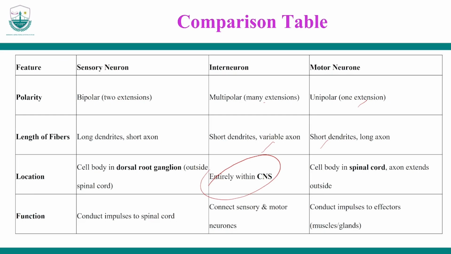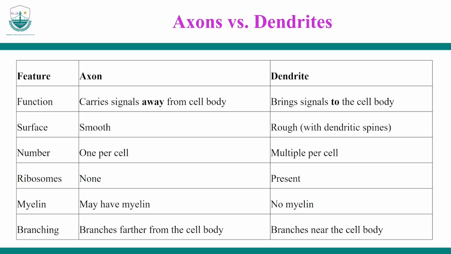So that means that the interneuron collects the information from the sensory neuron and then takes it to the motor neuron. And whereas the motor neuron takes it to the organs that are supposed to implement a physiological response, whether it is muscles contracting, whether it is about an organ increasing the rate at which it works, all that information is carried by the motor neuron.